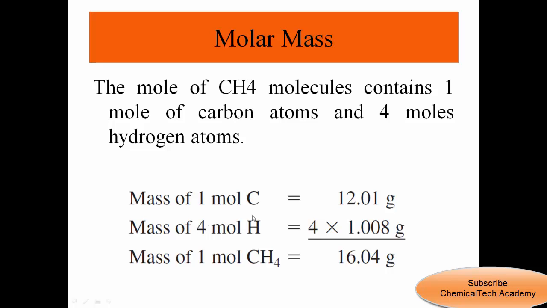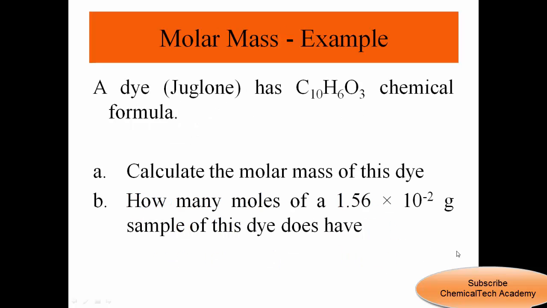Next one is hydrogen. The atomic mass of hydrogen is 1.008. So 4 times 1.008 grams. So in total, the mass of 1 mole of methane is going to be 16.04 grams. So that's the molecular weight of methane.